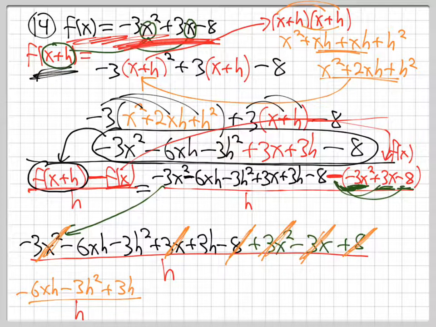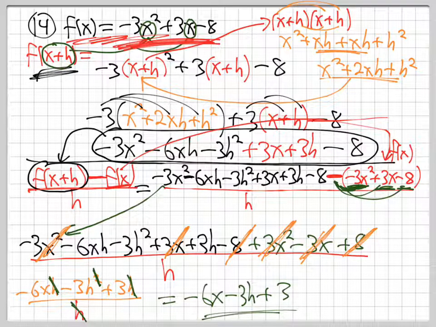What always happens is all the terms that don't have an h drop, then everybody left has an h, and one of them is canceled from each term divided by the h on the bottom. That's how these always finish up. So he's really dividing each of those three, isn't he? He'll divide one of those out from each term. It gets very predictable after a while. Minus 6x minus 3h plus 3. There it is.